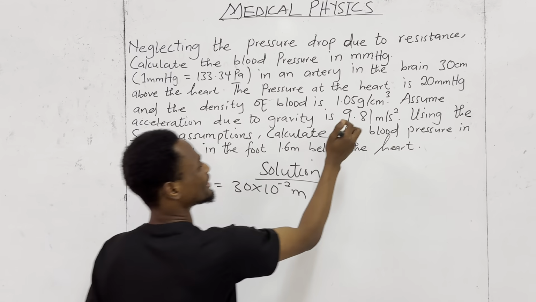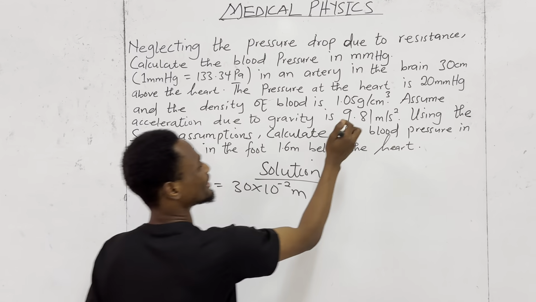Before I proceed, I'll have to convert this into Pascal. We are given this relation because we want to change millimeters of mercury to its respective SI units.